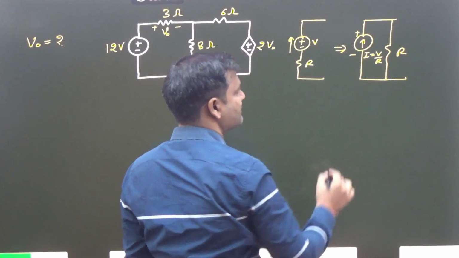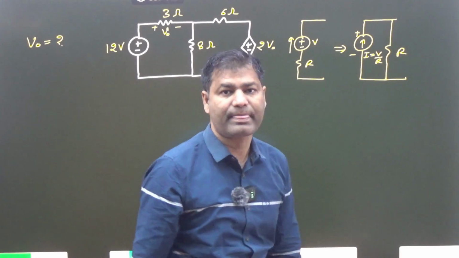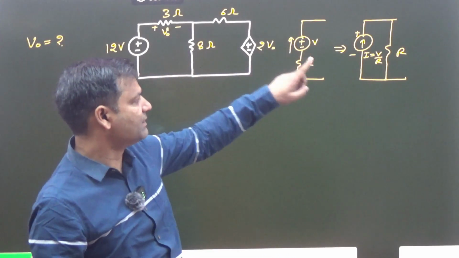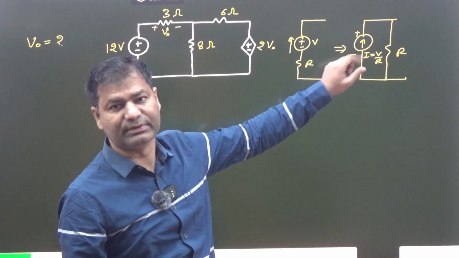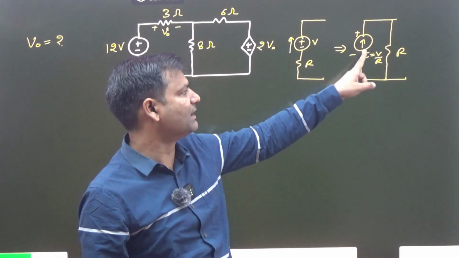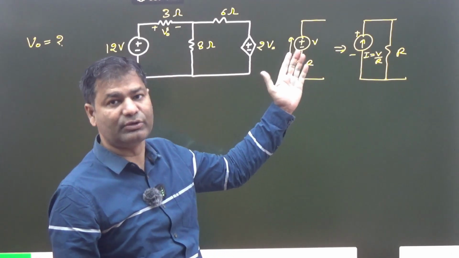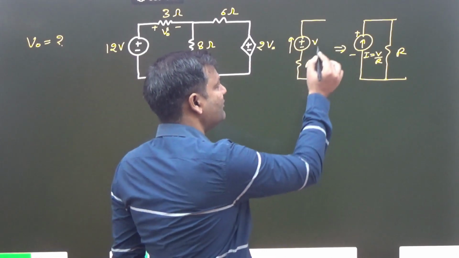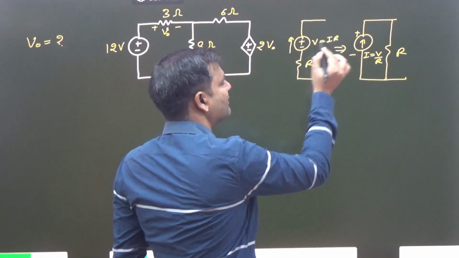So here plus minus. If plus minus is given like that, it means the current direction is always this one. Similarly, if a current source is converted to a voltage source, V is equal to I into R.